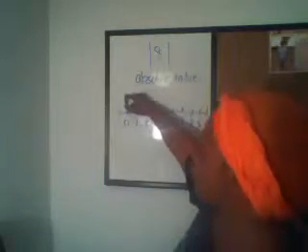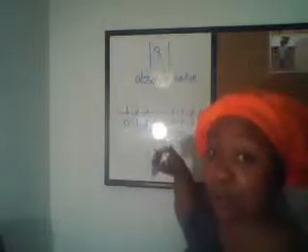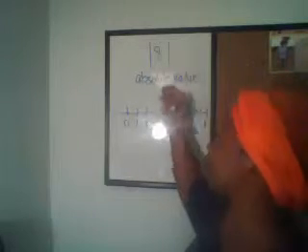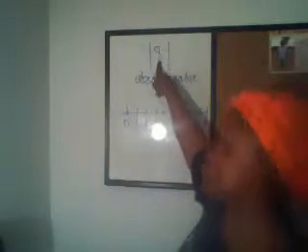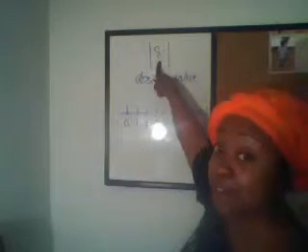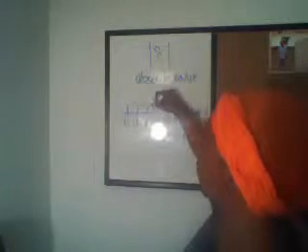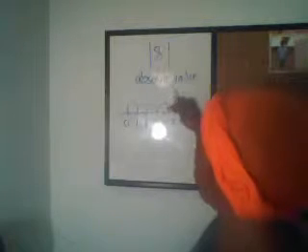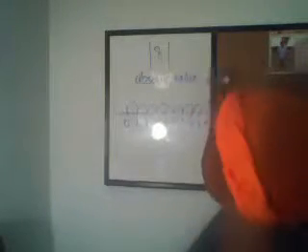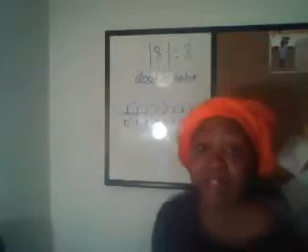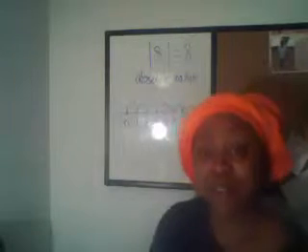Count the units with me when I move over, because absolute value is how far that number in the middle is away from 0. So let's start moving. 1, 2, 3, 4, 5, 6, 7, 8. So the absolute value of 8 is 8. 8 is 8 units away from 0.